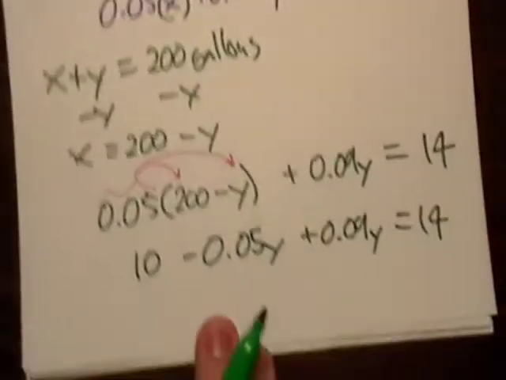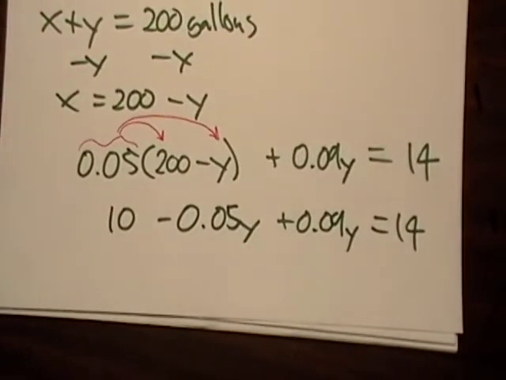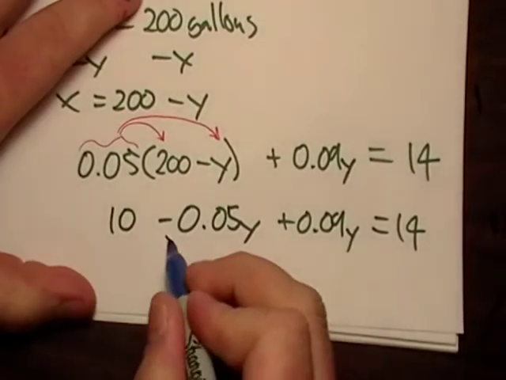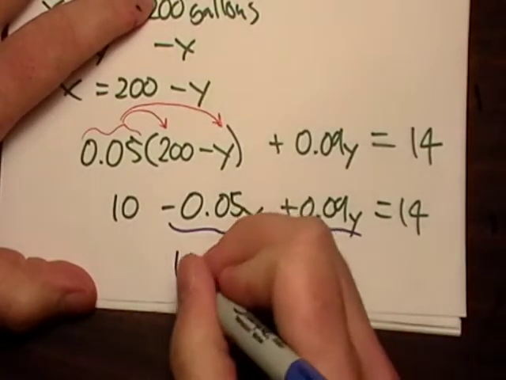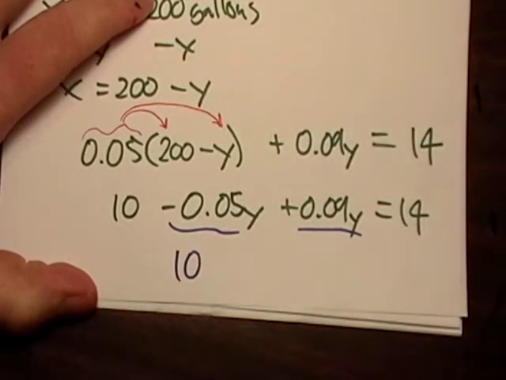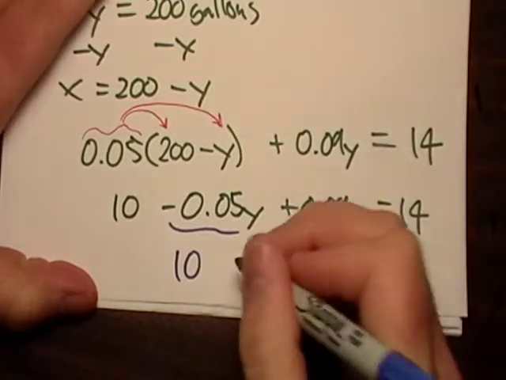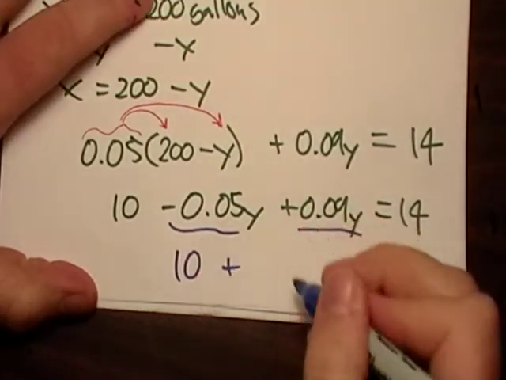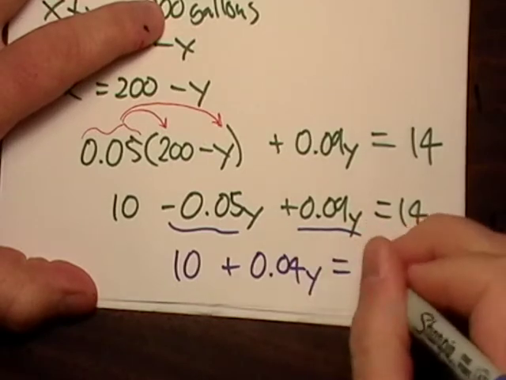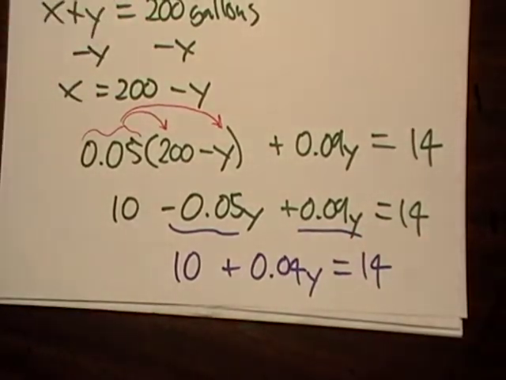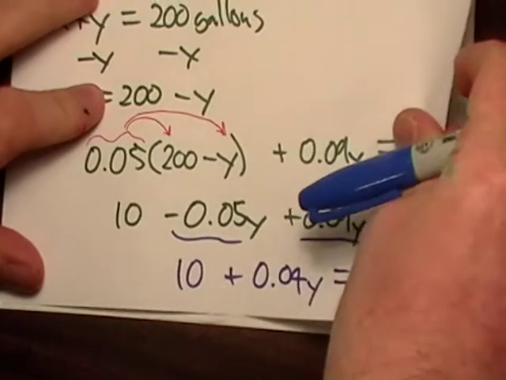Okay. And here are my like terms. So it looks like I'm going to have 10 plus, what is this, 0.04y equals 14.